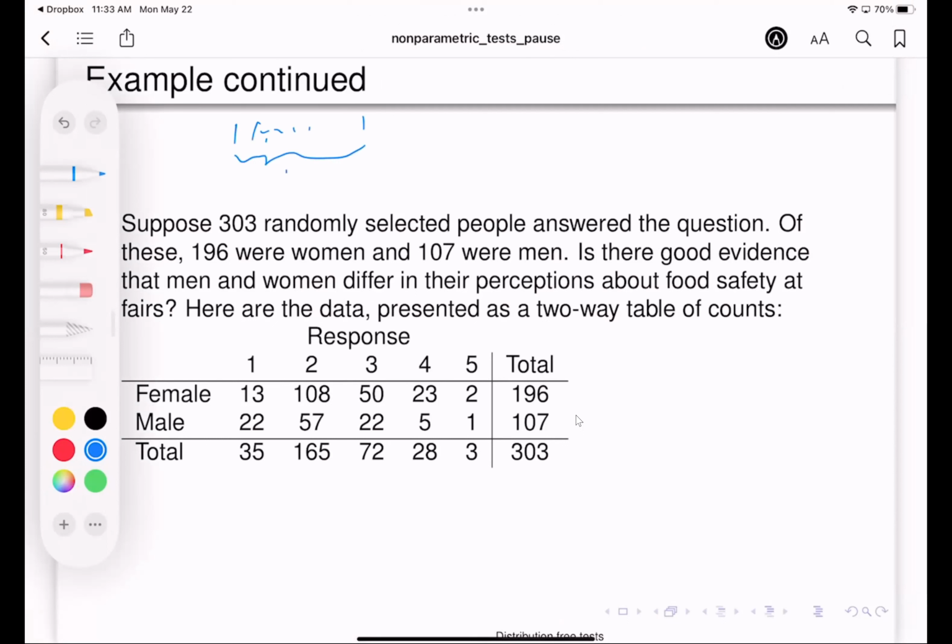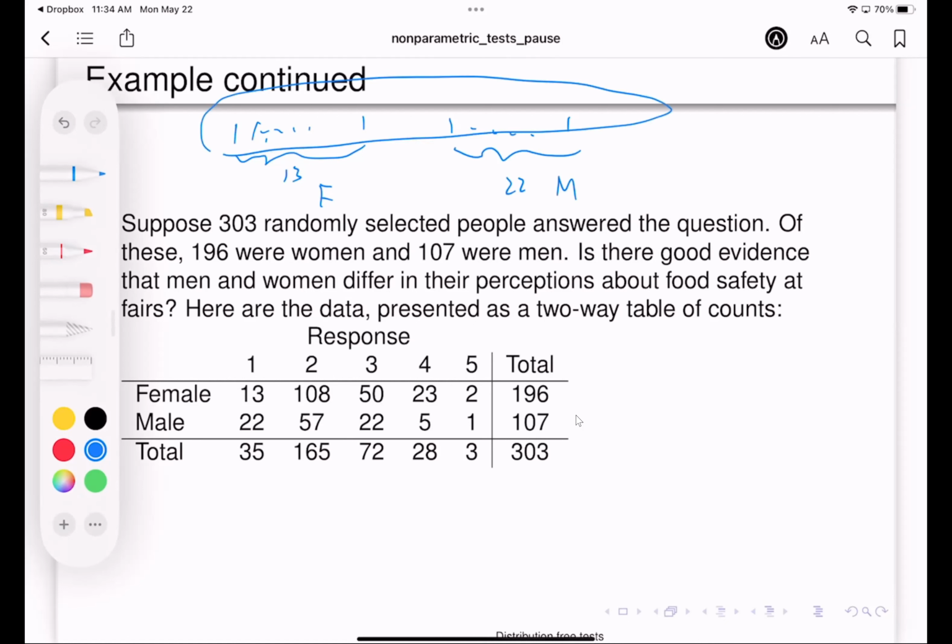So out of that, there are 13 of those that are female. And similarly for male, there are 22 of them that recorded the value of 1. So 22 of them are male, and so on. And then the 108 female and 57 male, and so on. So these are the actual observed values.